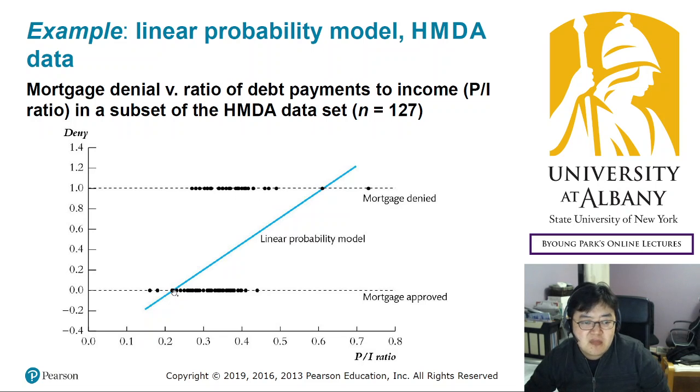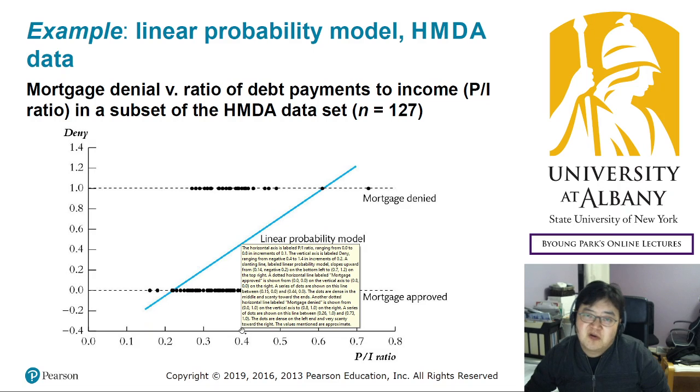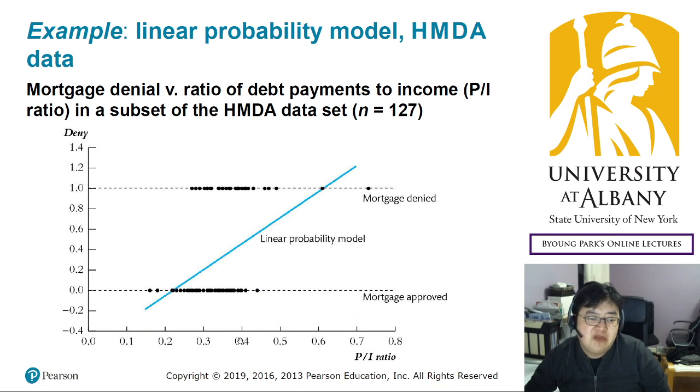So you estimate a probability by a line. This is the best fitting line. For example, if your PI ratio is 0.4, I heard that many banks use 0.4 as a threshold. So if your PI ratio is greater than 0.4, then usually you are rejected. And 0.4 has a probability somewhere here, which is, I'm not so sure, but say 0.45.